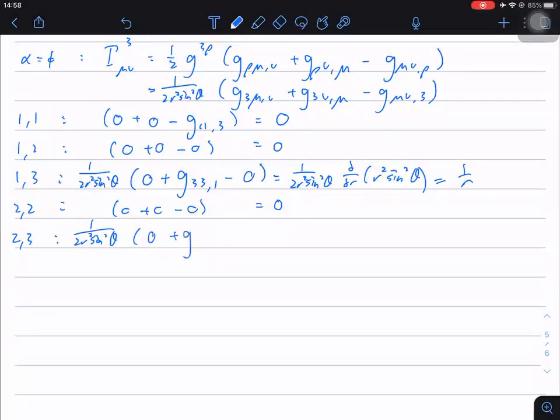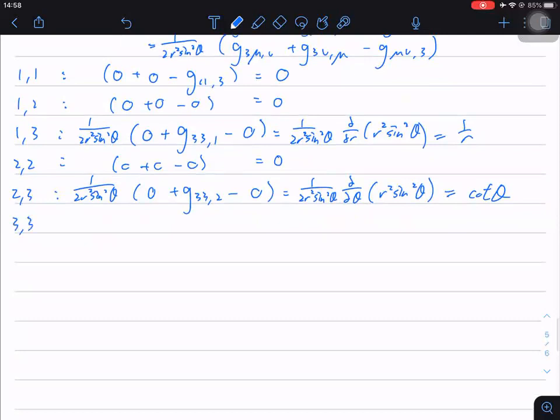But we have 3, 3 partial 2 here and 0 here. So we have something like this, which I believe should be cotangent theta. Yep.